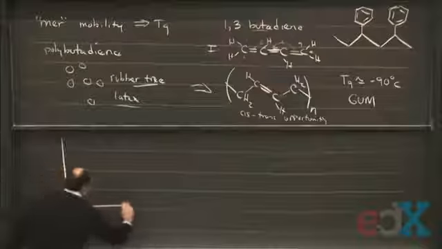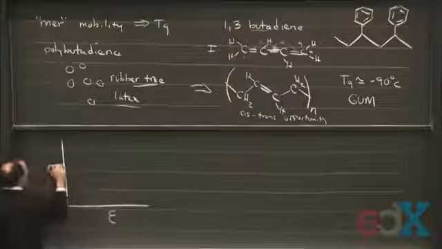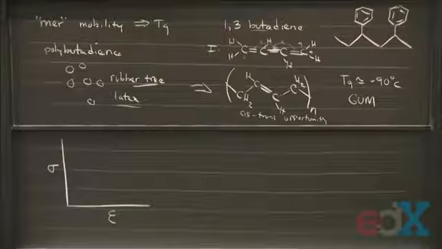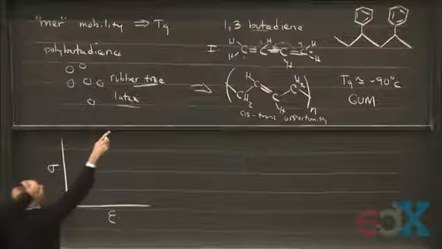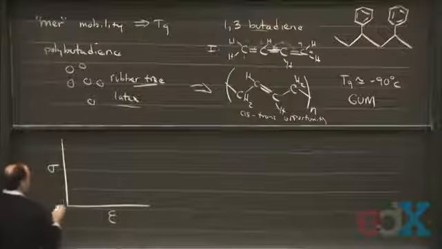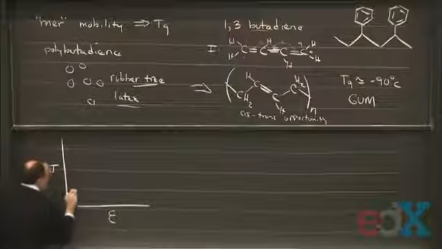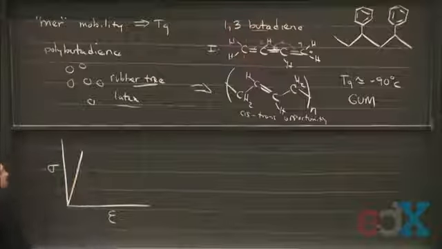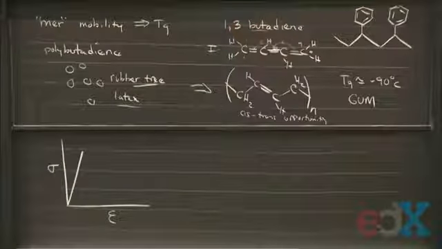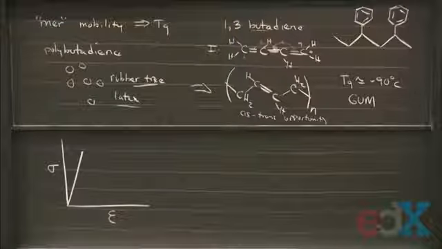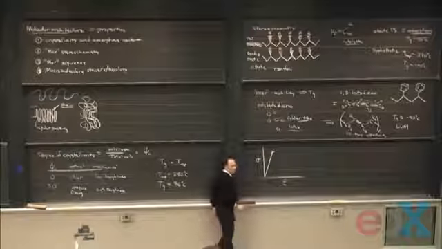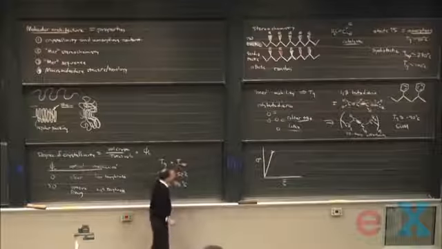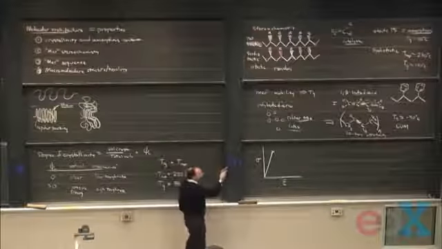So here's my stress, here's my strain. And let's just draw what we think polystyrene looks like. Well, polystyrene's a glass. No plasticity. Goes right up, and of course, up until it breaks. Maximum fracture stress. What do we think this gum does?